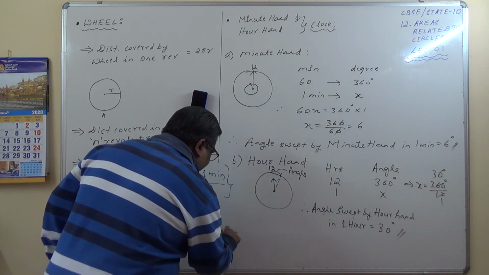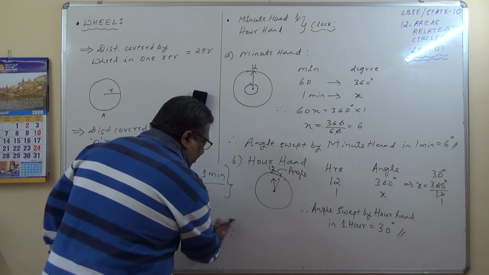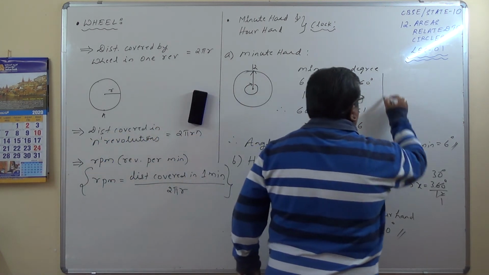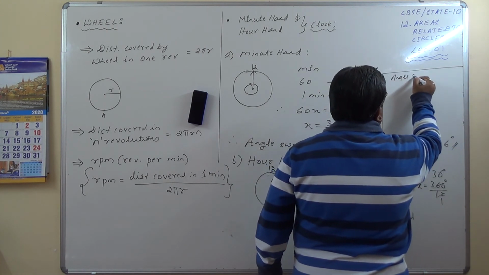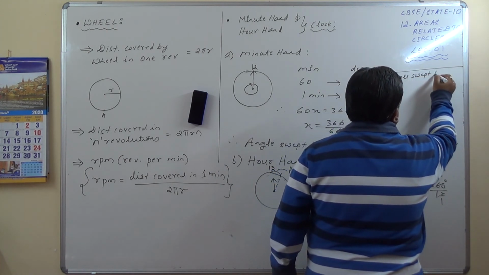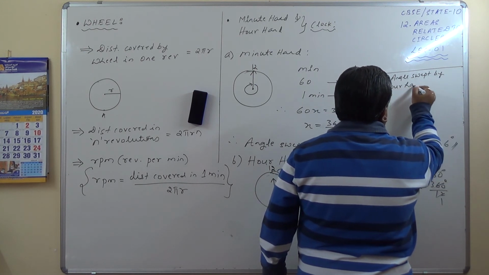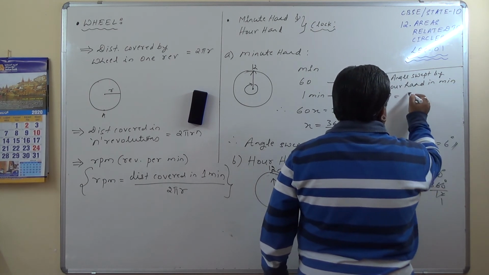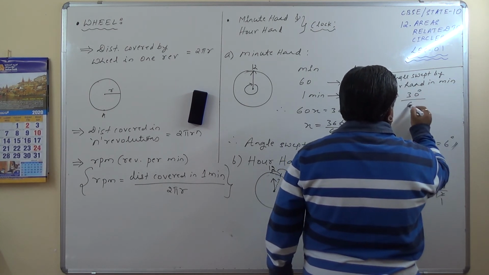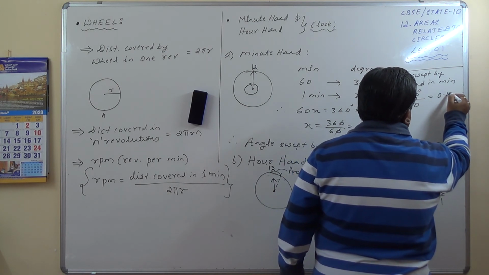Therefore here I'll write angle swept by hour hand in 1 minute is equal to 30 degrees divided by 60 minutes, which is equal to 0.5 degrees.